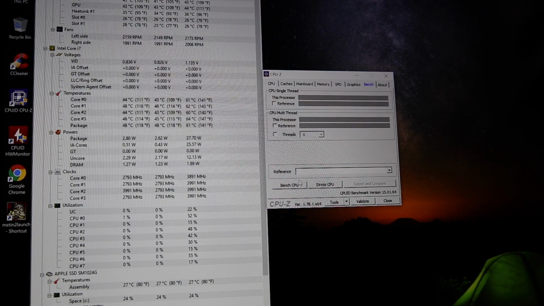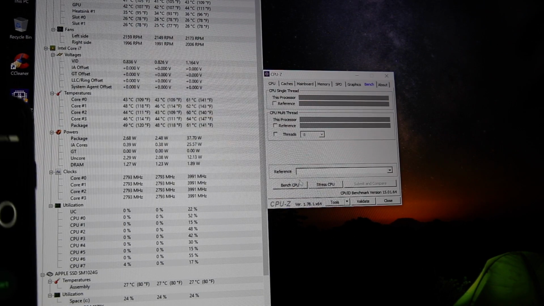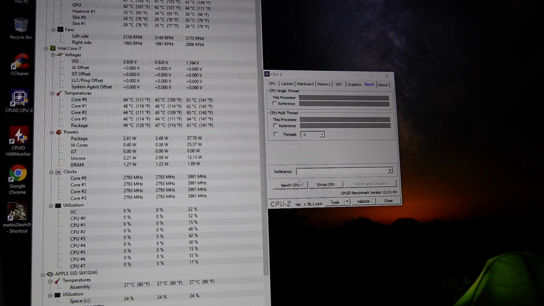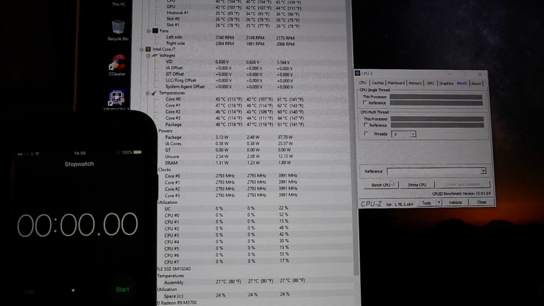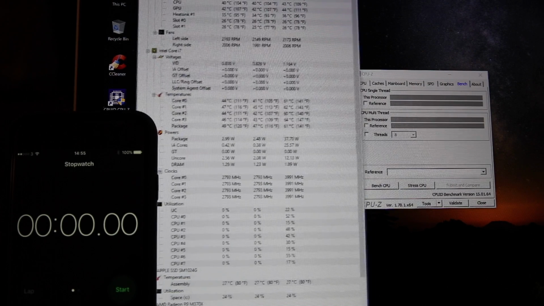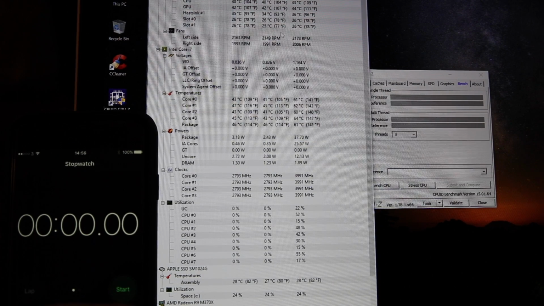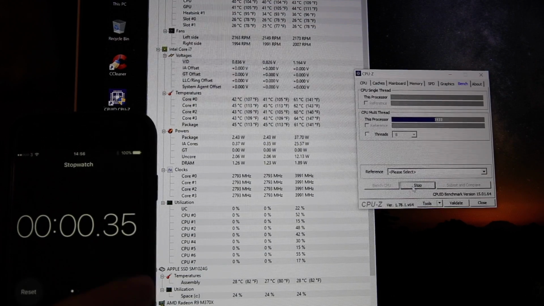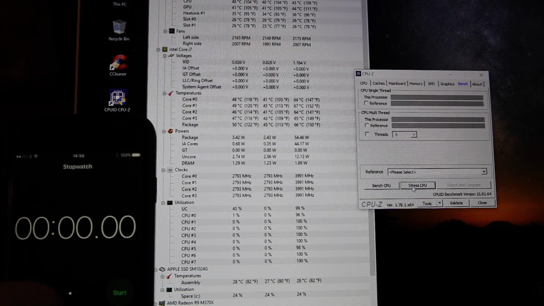The first time was about 2 minutes. So let's stress the CPU. Oh, reset.